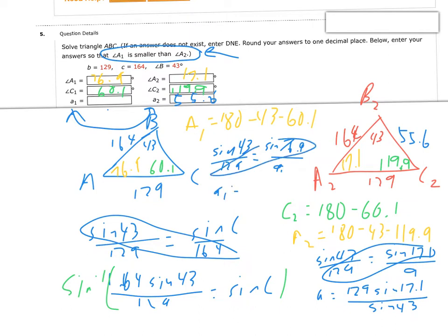So a sub 1 will equal 129 sine of 76.9 all over sine of 43. All right, so I'll type all of that in. 129 sine of 76.9 divided by sine of 43. That's going to give me 184.2. Okay, and then lastly, just remember again, I already said it, that we do need to switch these two just because of these instructions right there.